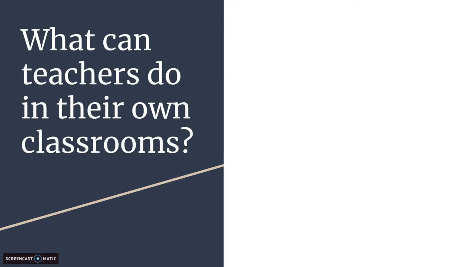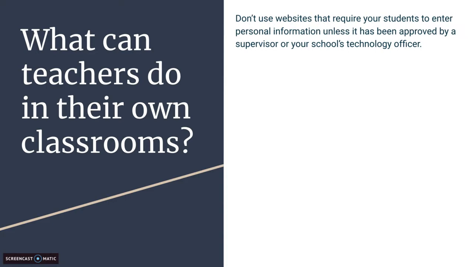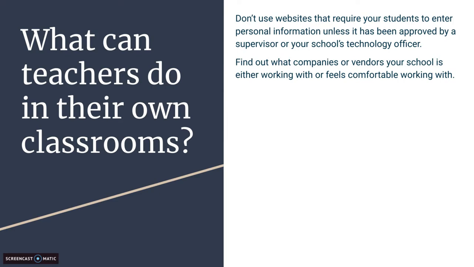So now that we know all of this, we need to think about, as classroom teachers, what can we do in our own classrooms to help guarantee that we are following FERPA law. So one thing we can do is not use websites that ask for students to enter any sort of personal information unless this website has been approved by a technology supervisor or a school's base technology officer.